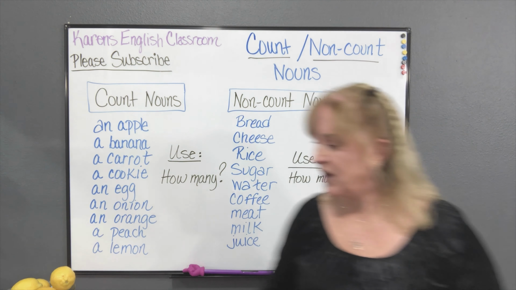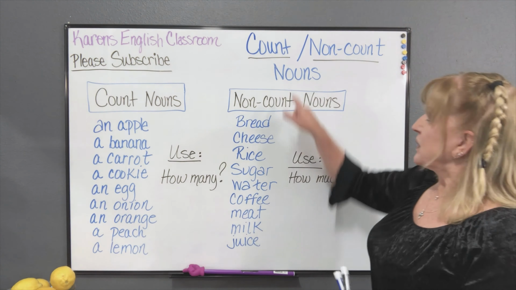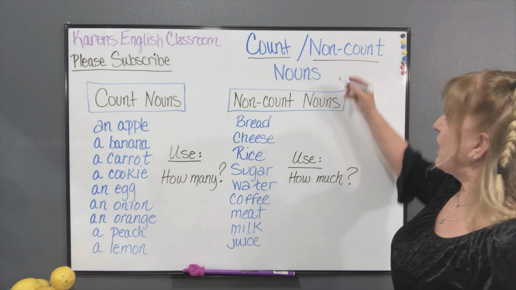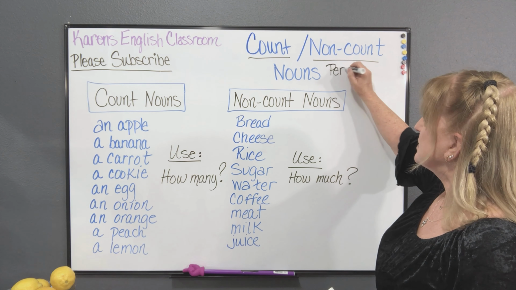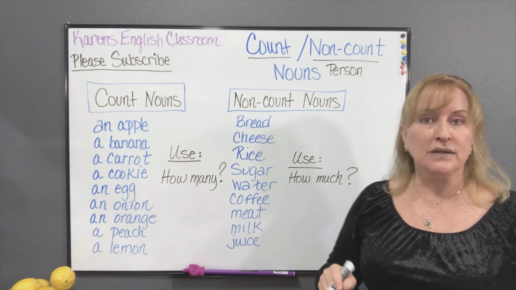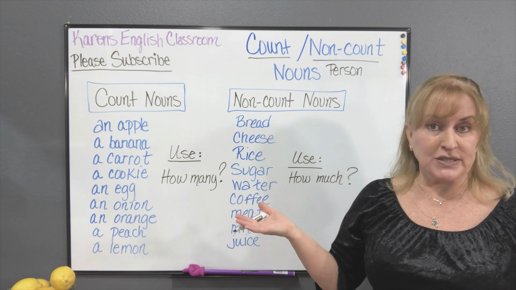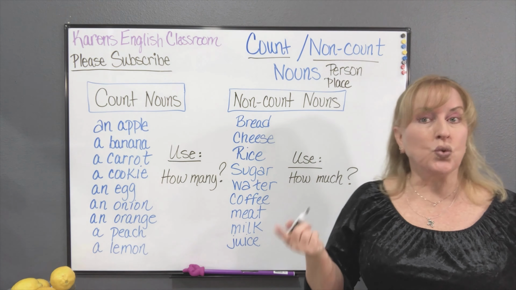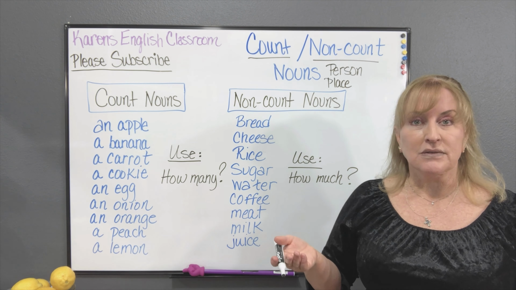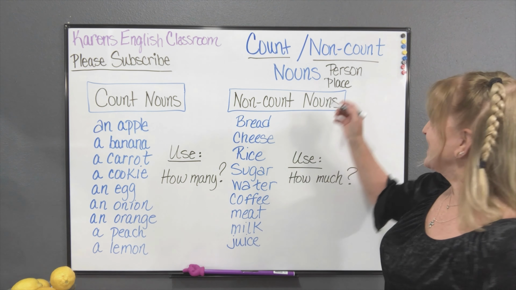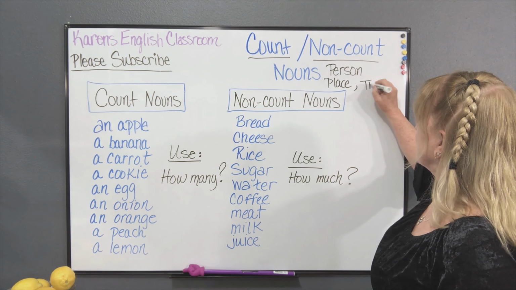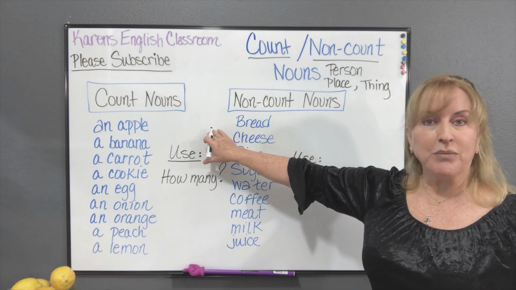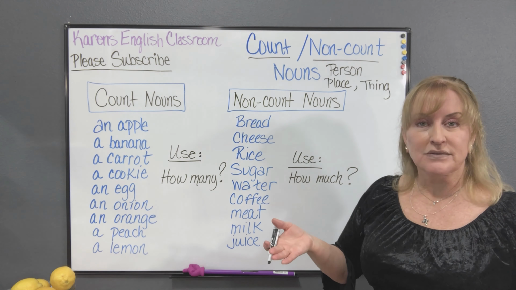Now, you might be saying, what is a noun? Good question. Nouns are part of grammar. A noun is a person, me, you; a place, school, your house, a store; and a thing, a pen, the whiteboard, the camera, the desk.